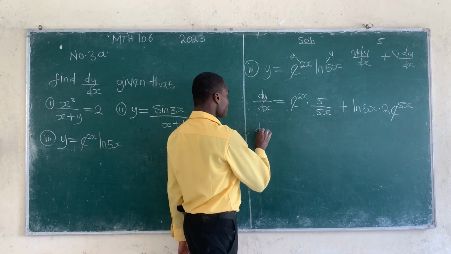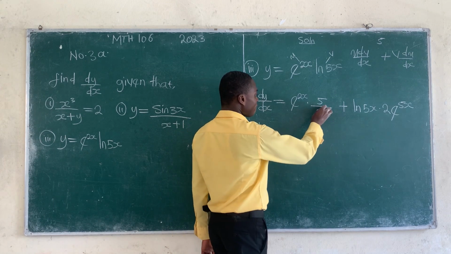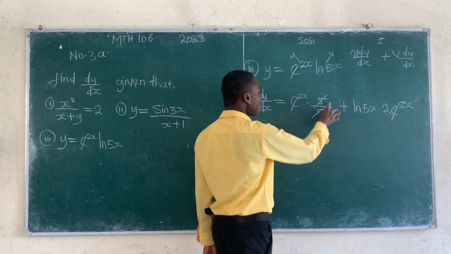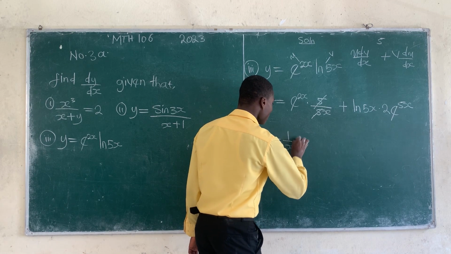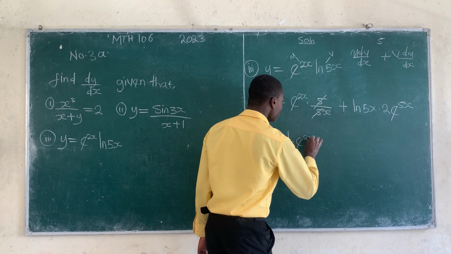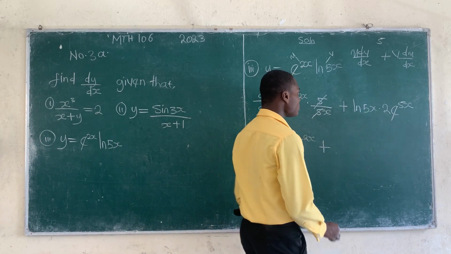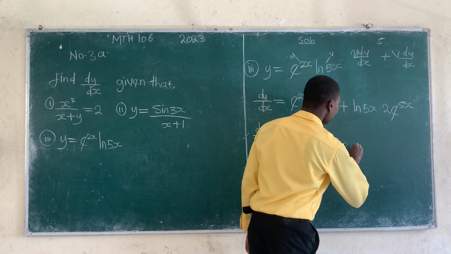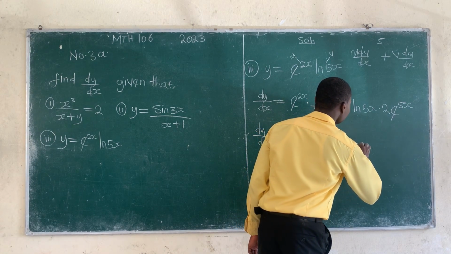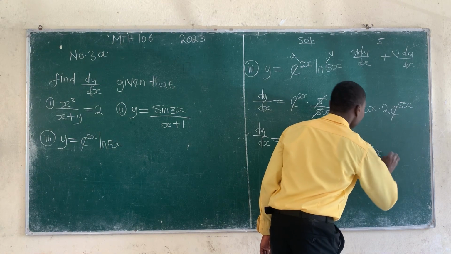So dy/dx must be equal to 5, we cancel 5, so we have 1 over x, so we have 1 over x exponential 2x plus 2 can come over to this side, 2 exponential 2x ln 5x.